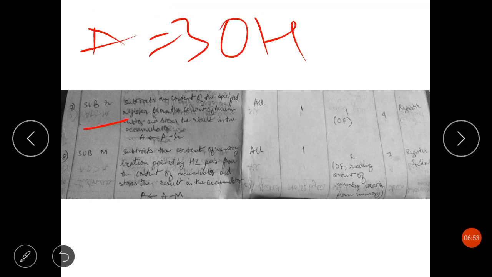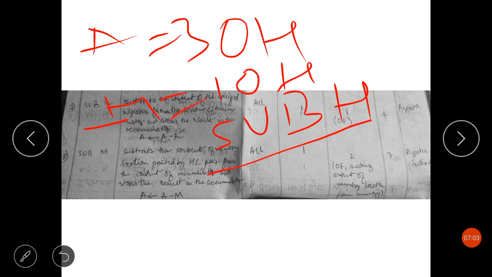What will SUBR do? It will subtract the content of a register from the content of the accumulator. Suppose the accumulator content is 30H, and I have mentioned SUBH, and suppose the content of H is 10H.